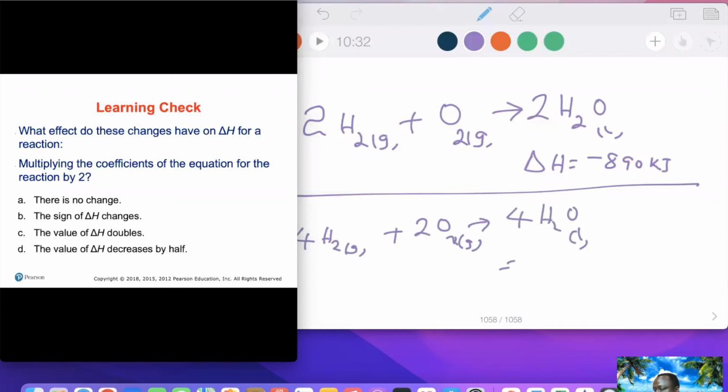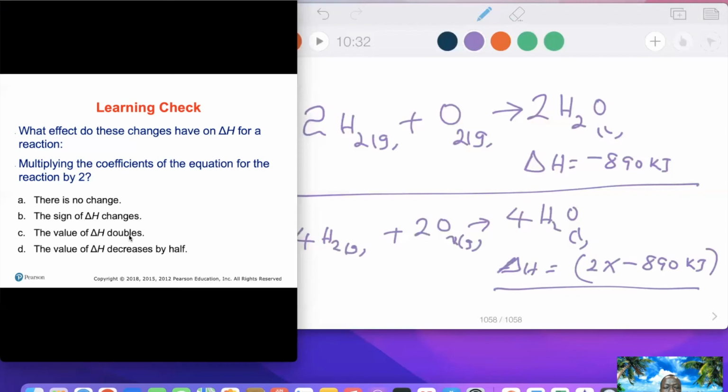Delta H will be 2 times negative 890 kilojoules. You have to multiply by 2, which means the correct answer here is that the value of change in enthalpy for the reaction doubles.